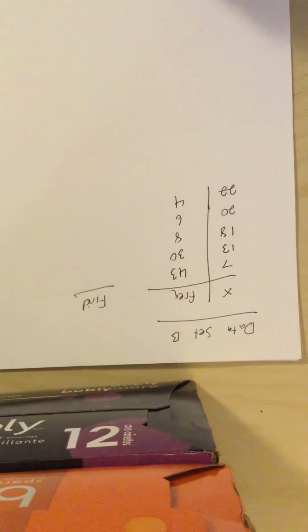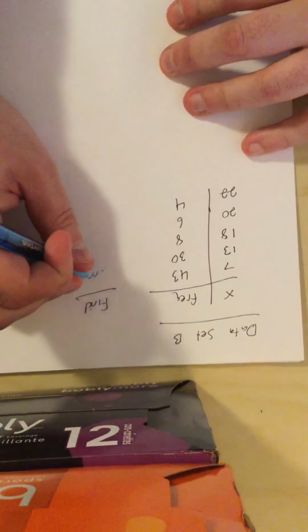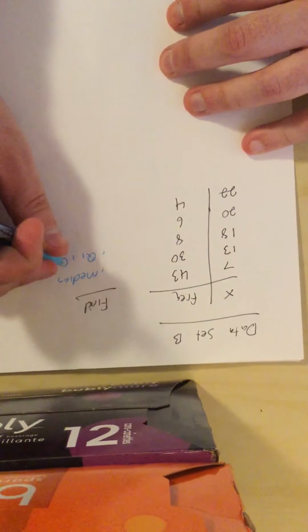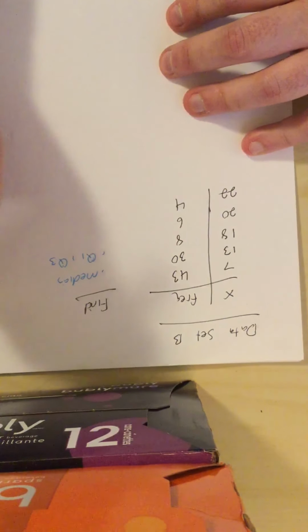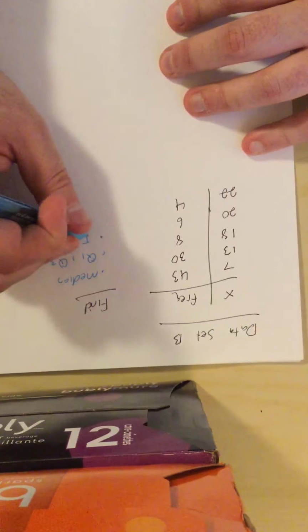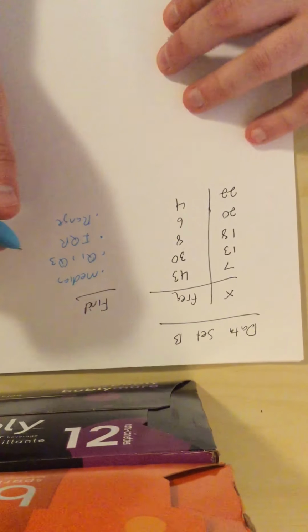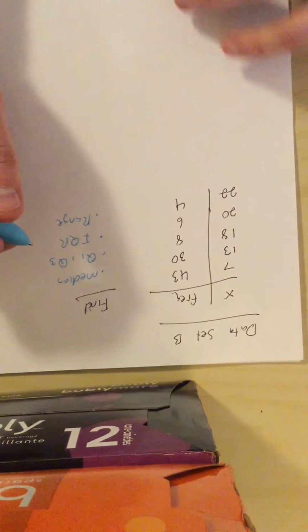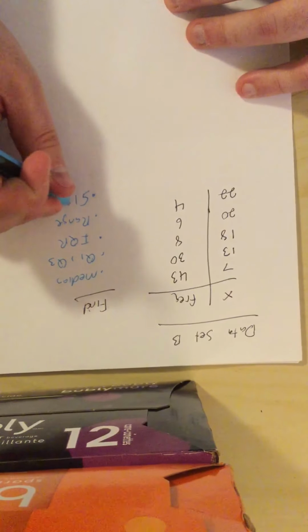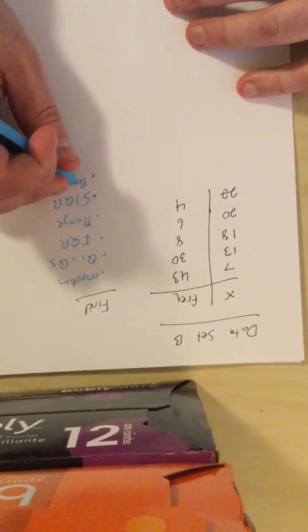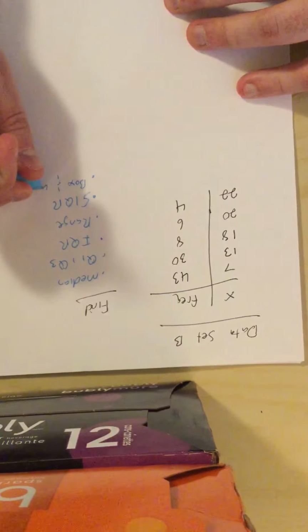And so what I want is you're going to find the following. We're going to find the median, Q1, Q3, the interquartile range, the range, the semi-interquartile range, and a box and whisker plot, assuming that there's no outliers.